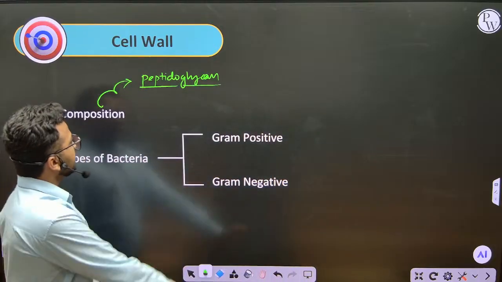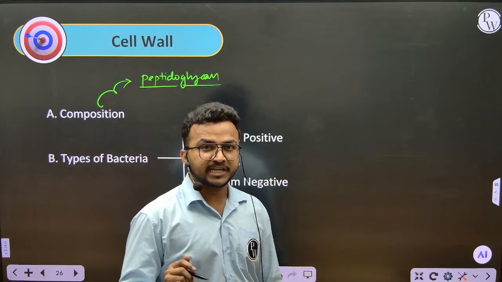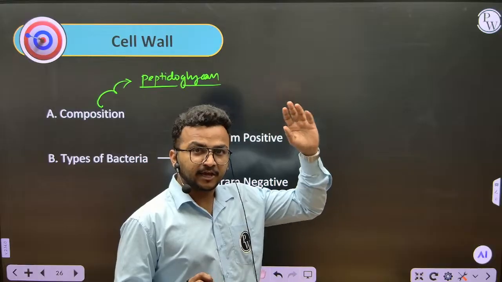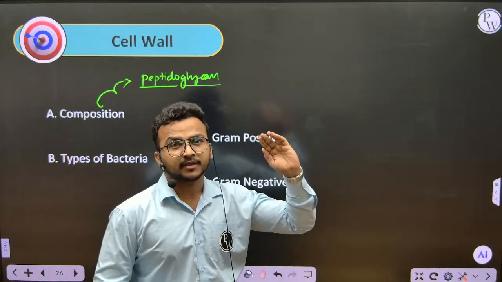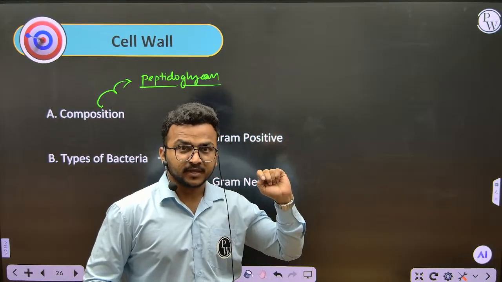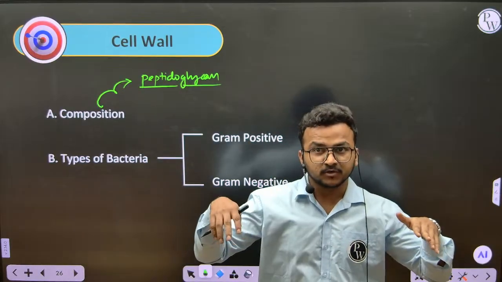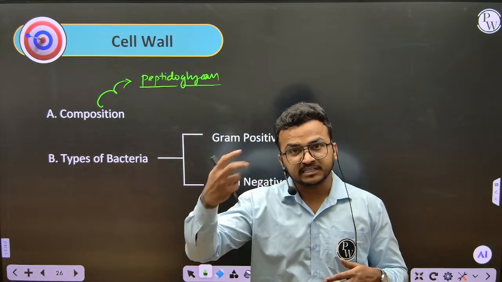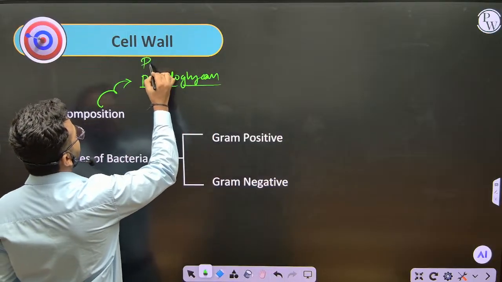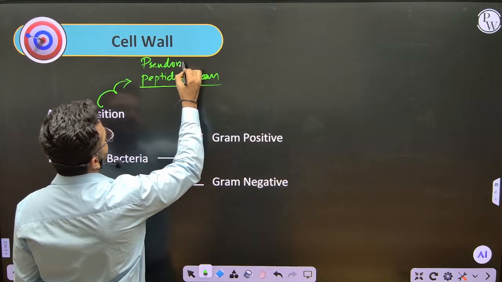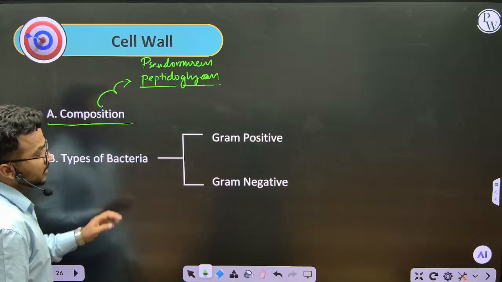And in archaebacteria, the bacterial ancestors, the ancient bacteria which came first when the Earth originated, they can live in extreme conditions like hot volcanoes, hot springs, or extreme saline conditions. That we will learn in a different chapter. There the cell wall is made up of pseudomurein. That is the composition of the cell wall.